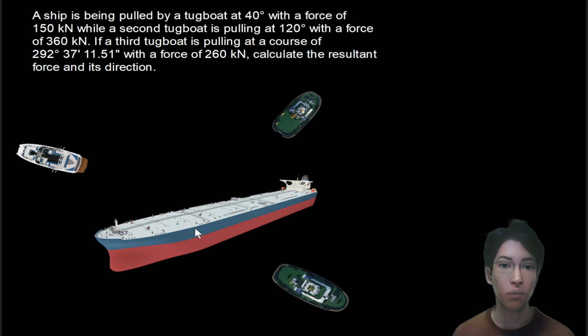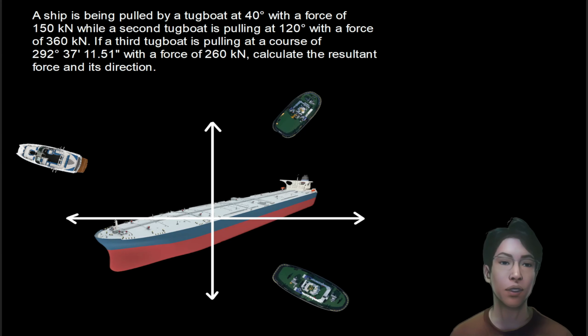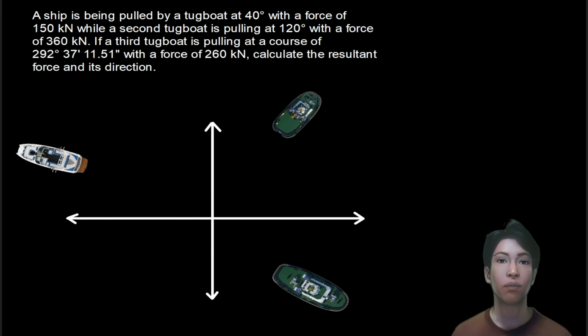As the ship is being pulled by the tugboats, the forces are concentrated on the center of mass. And we can represent that like this. So this is the Cartesian coordinate system, and the origin is the center of mass of the ship. With that, we can now delete the ship.